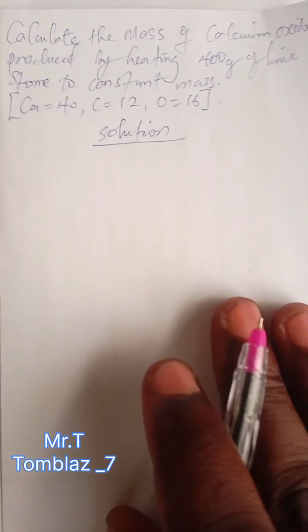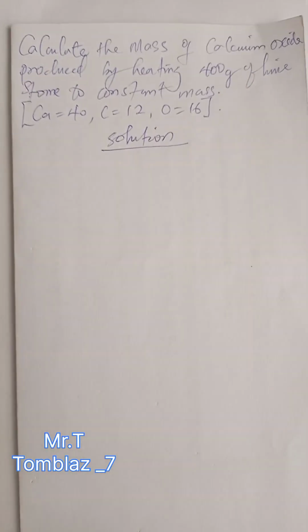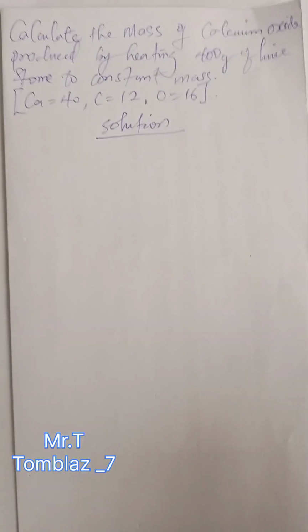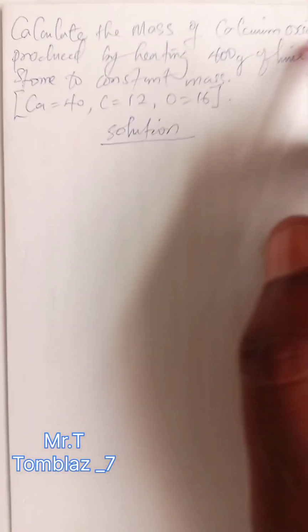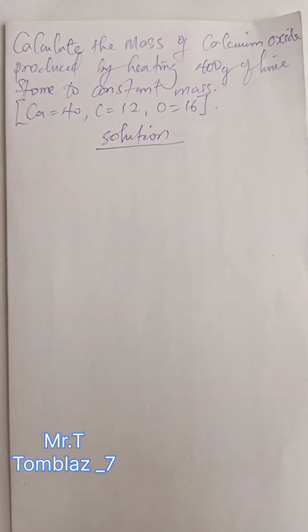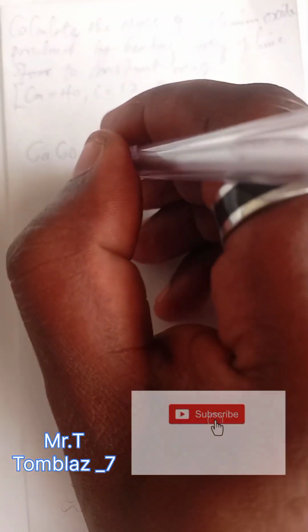Now, in this kind of problem, first you must write the equation that brought about the calcium oxide, right? So if I have limestone, we already know limestone is calcium carbonate, a solid.